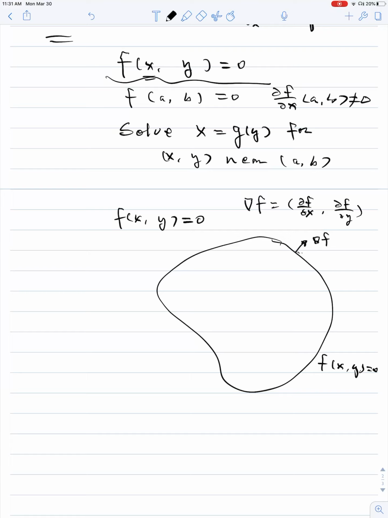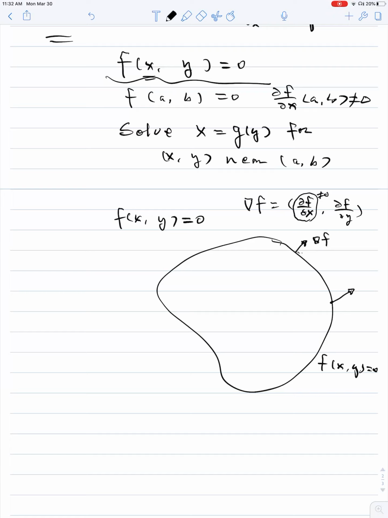So the theorem tells us that if the first component is not 0, that means the x component, the horizontal component of the gradient, is non-zero.